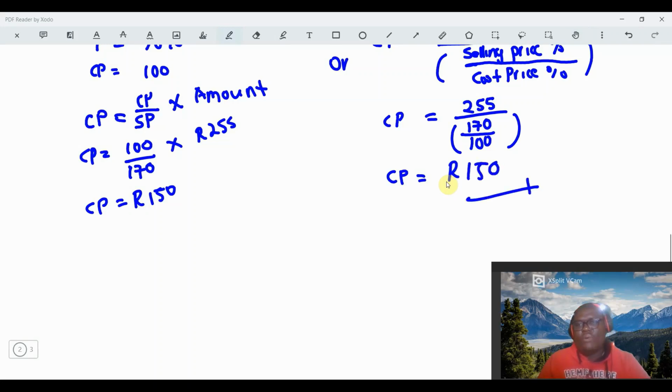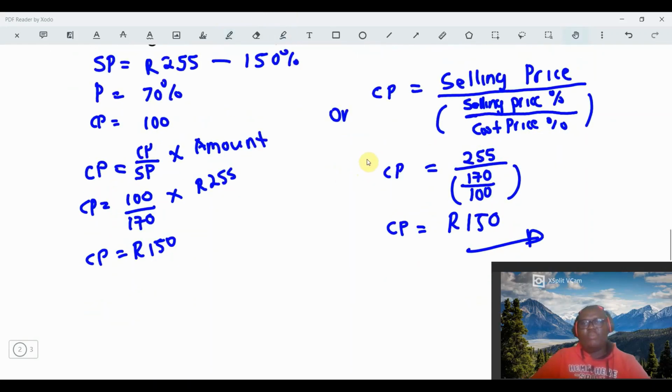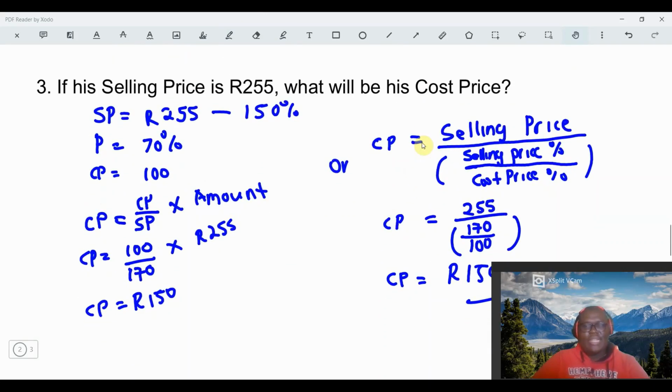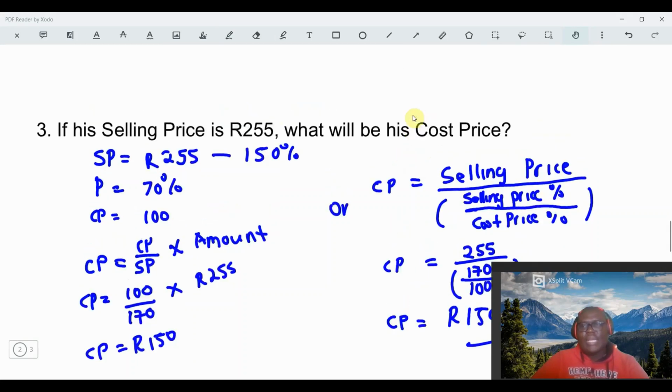So that's how you deal with such questions. There are so many methods, but for me, I always go for the most simple ones, or the ones that I can easily understand. As long as you have shown your working and everything, you'll be given marks for that, guys. You'll get rewarded for that.